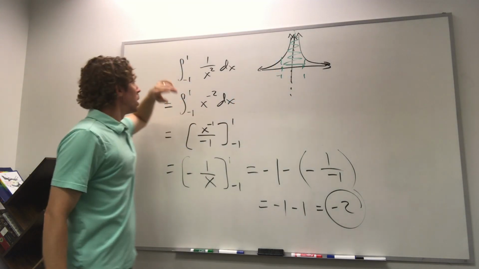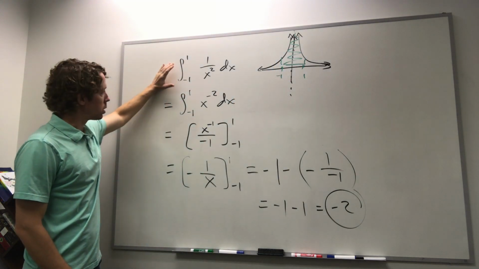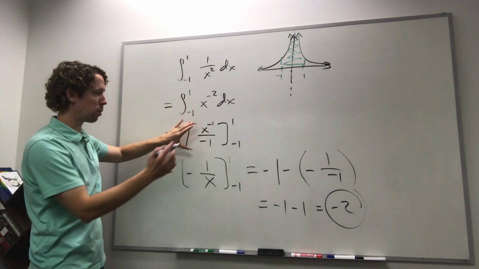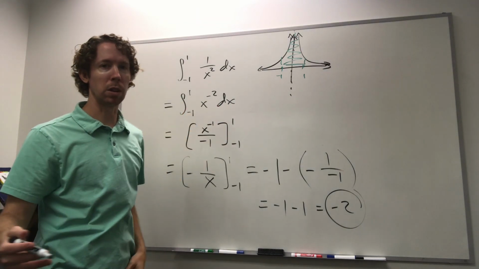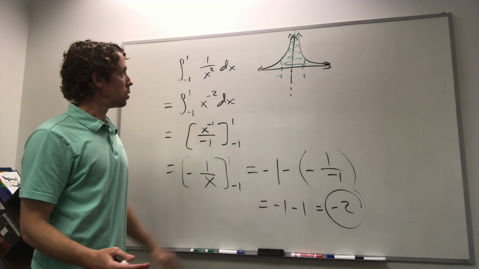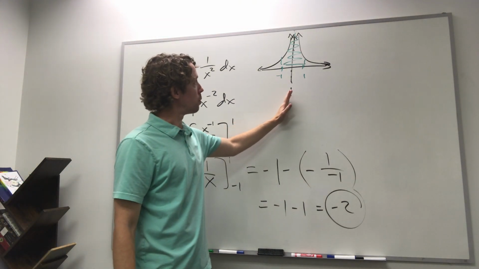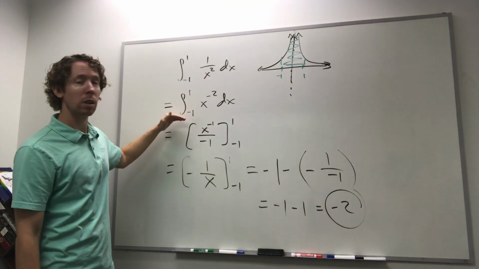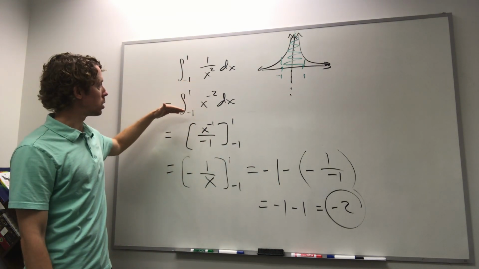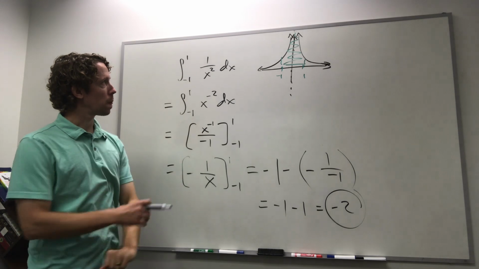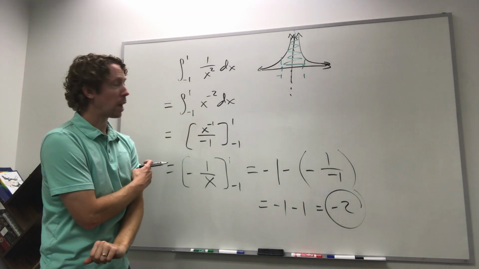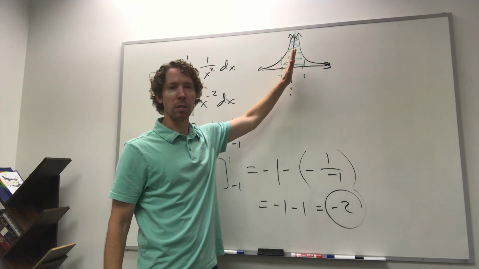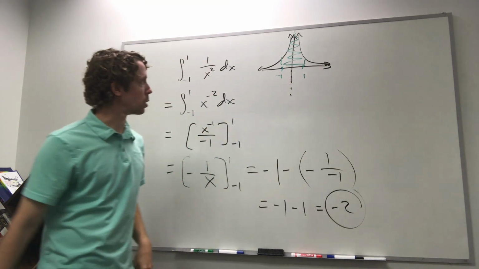What happens is the fundamental theorem of calculus that I used to just take the antiderivative and plug it in and assume that that's going to get me the correct area does not work when the function is discontinuous on some piece of the interval. So since this is discontinuous from -1 to 1, that can cause problems. In this case, it causes a problem because the discontinuity is infinite. You're having this vertical asymptote.